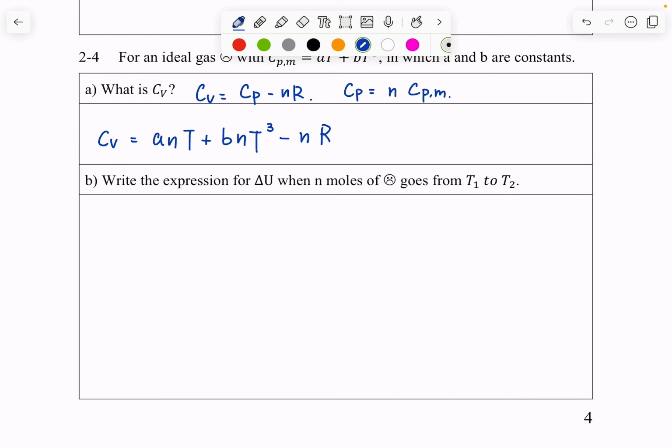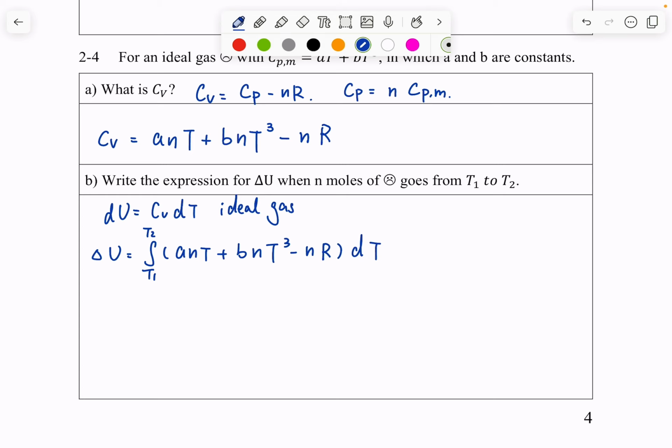Second part, write an expression of delta U when n moles of this ideal gas go from T1 to T2. Right, so what do we have? We have dU equals Cv dT for ideal gases. So delta U equals the integral of the Cv that we just wrote out from T1 to T2, of AnT plus BnT cubed minus nR dT.